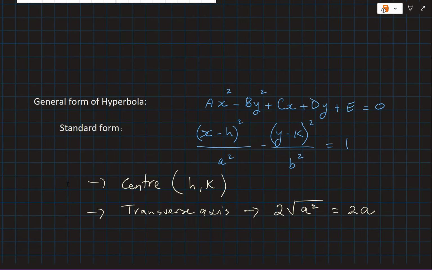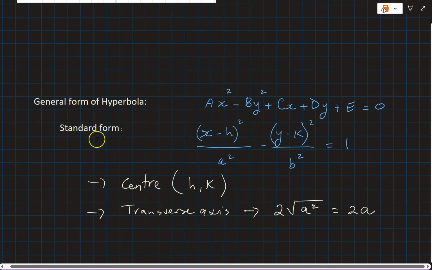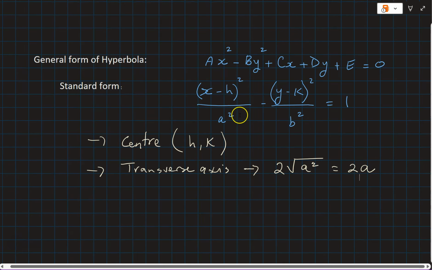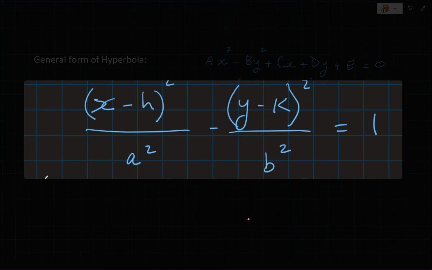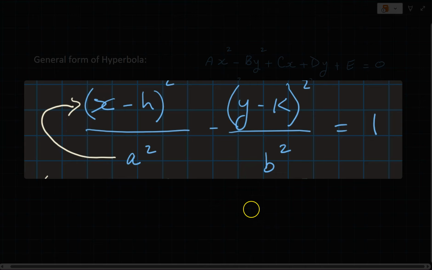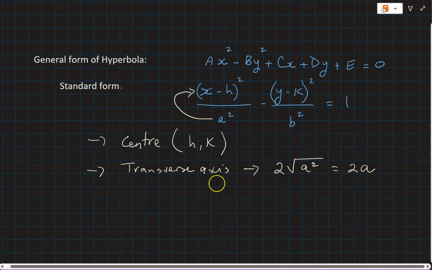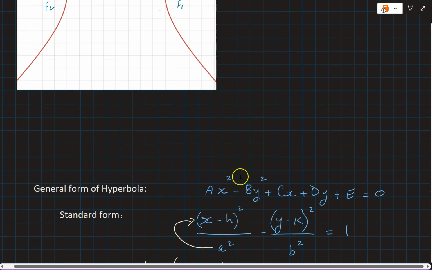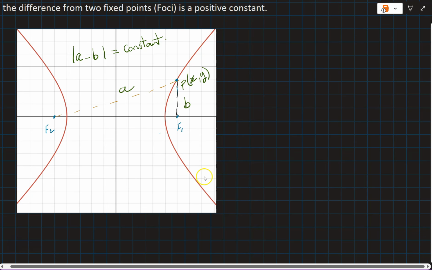Now in this case, based on the standard form I have written here, a is the transverse axis because it is related to x, and it's a horizontal transverse axis. That means the two curvatures are set up horizontally, like the graph that is showing here. So horizontal.